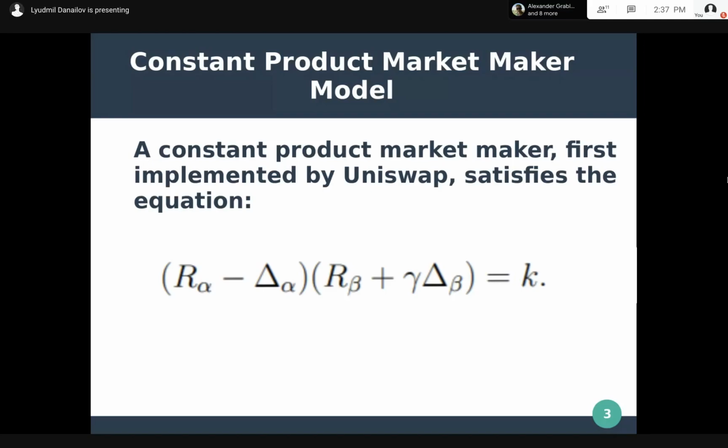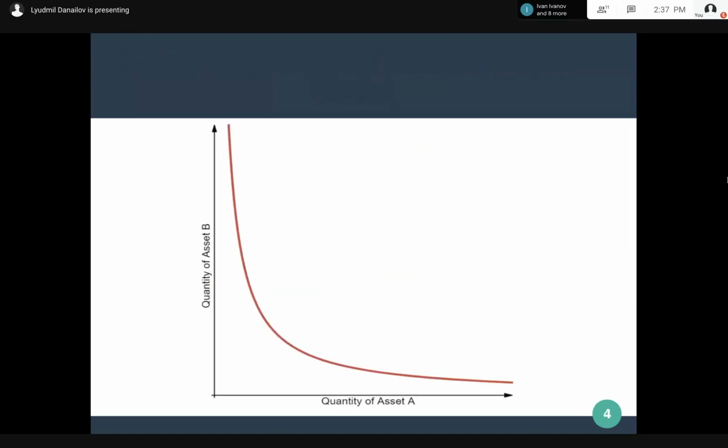A constant product function forms a hyperbola when plotting two assets, which has a desirable property of always having liquidity as prices approach infinity on both sides of the spectrum, as you can see from the picture on the slide. And that's about it for the maths part.